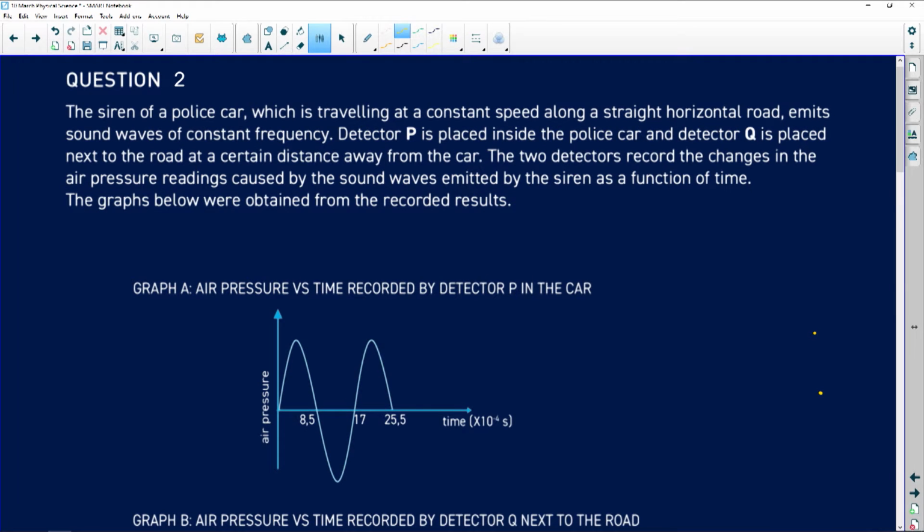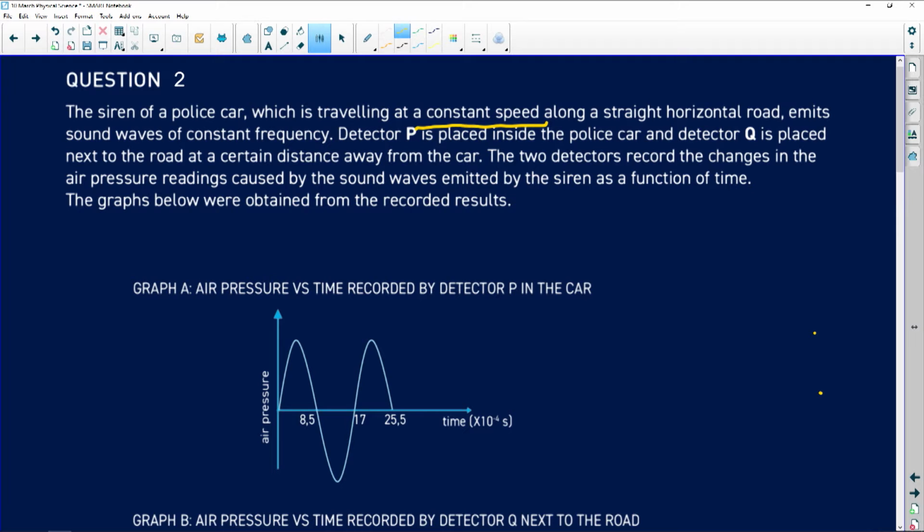It says the siren of a police car, which is traveling at a constant speed, once again I see we've got these words, constant speed, along a straight horizontal road, emits sound waves of a constant frequency. A detector P is placed inside the police car, and detector Q is placed next to the road at a certain distance away from the car.